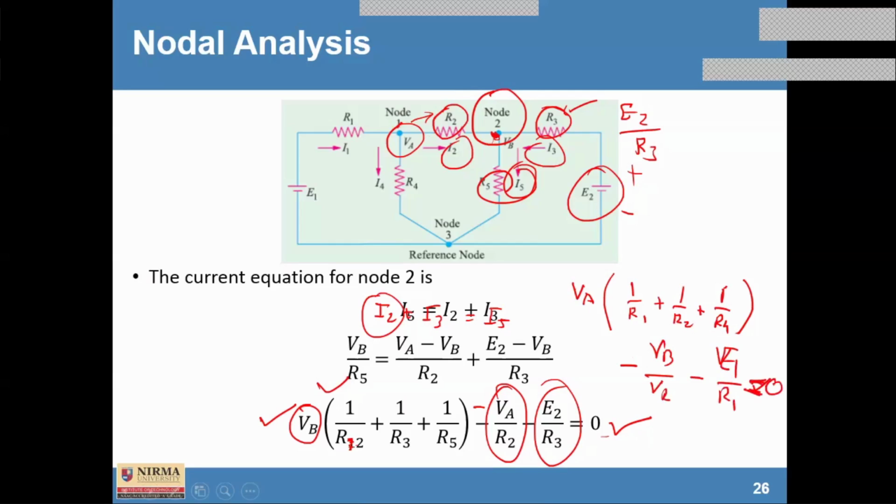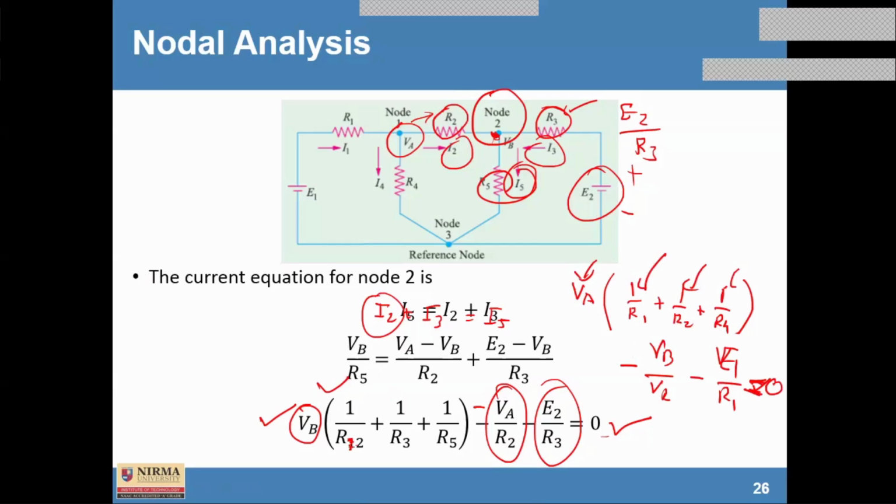Fine. Is it very simple to write all these equations? Okay. Yes. So this way you can write the equations, and finally, if you know the resistances and the potential differences, then you can easily solve for the potential at the different nodes. And if you know the potential and the resistance value, you can find the value of current also.